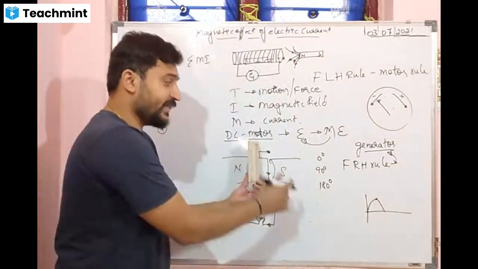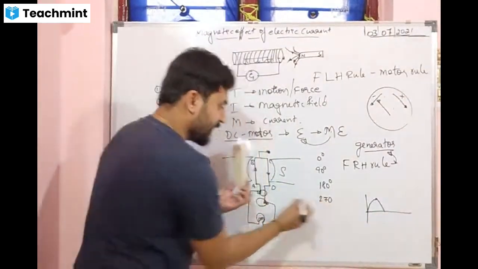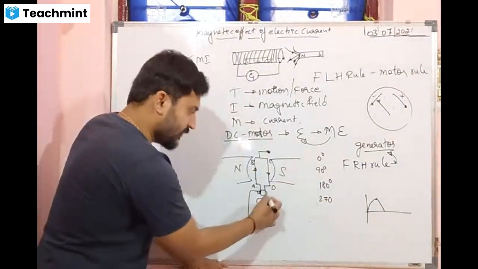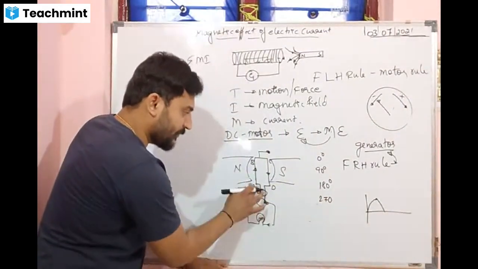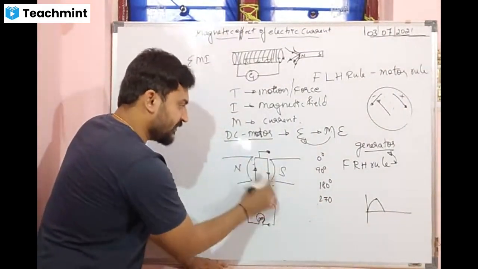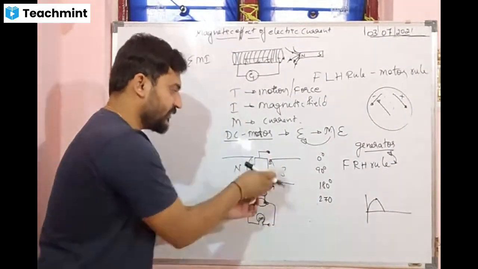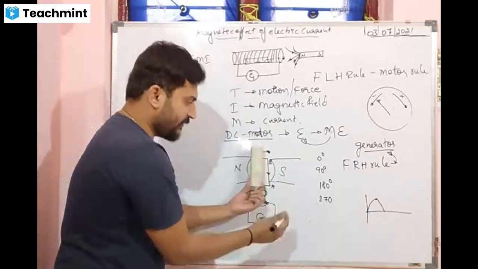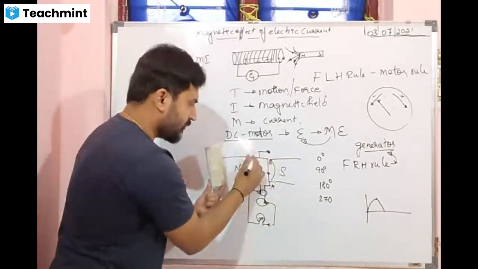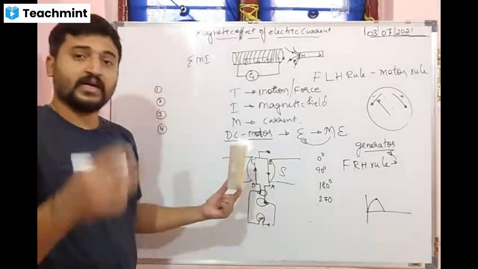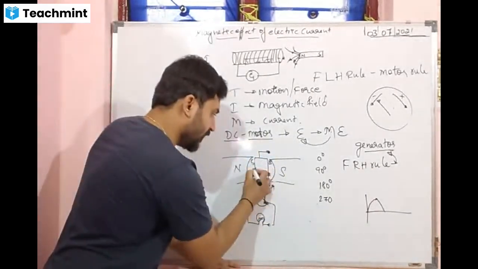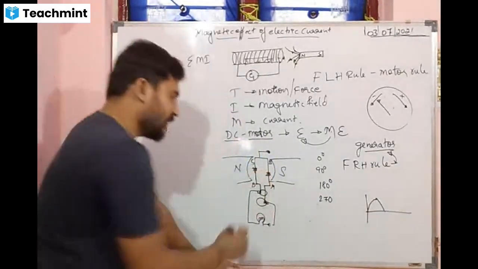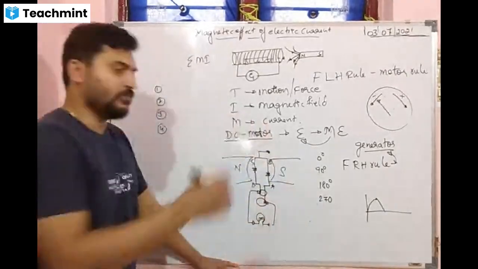Next is 270 degree, now the direction changes. It was coming from here to here. Now A is here and B is here. Earlier it was A, B, C, D; at 180 degree automatically A came here, then B, C and D. The current flows from A to B, C to D and comes out from this direction.